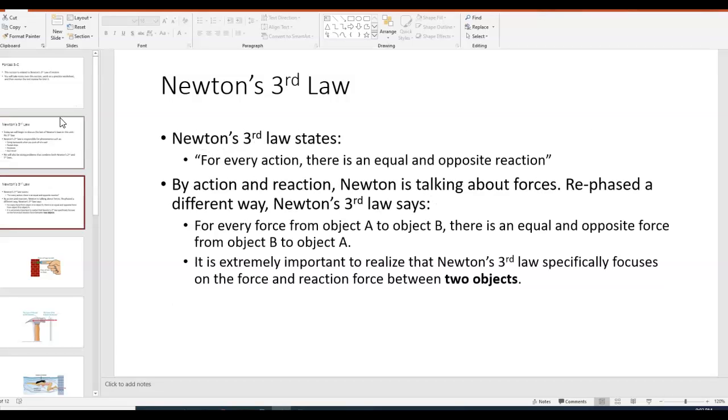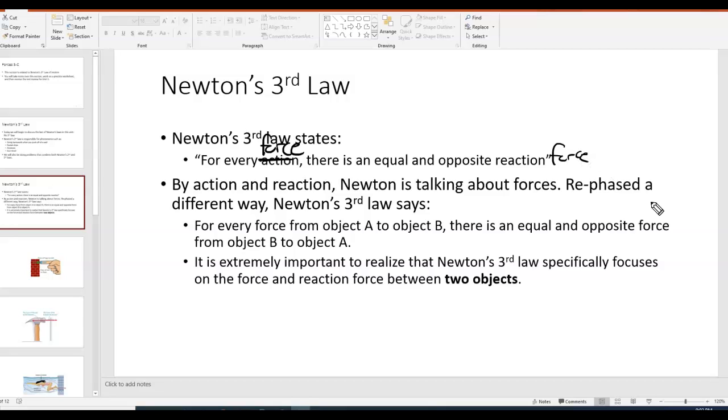So here's what Newton's third law says: for every action, there is an equal and opposite reaction. Now, this is basically how everybody knows the third law, but you might think it's kind of strange because all the other laws don't talk about action, they talk about force. So maybe it would make more sense to say, for every force, there is an equal and opposite reaction force.